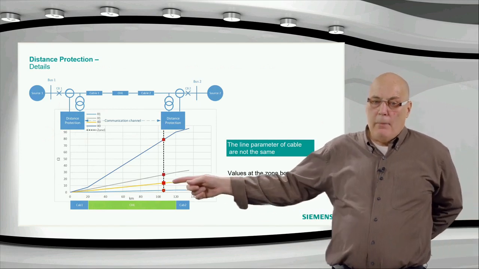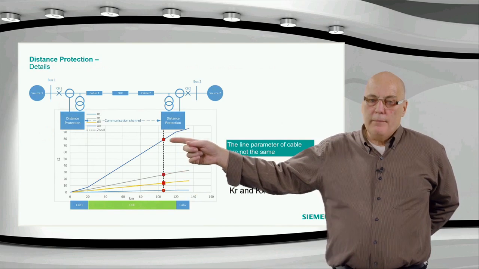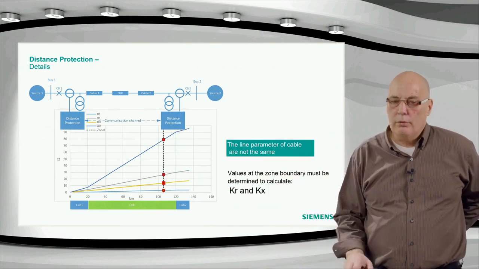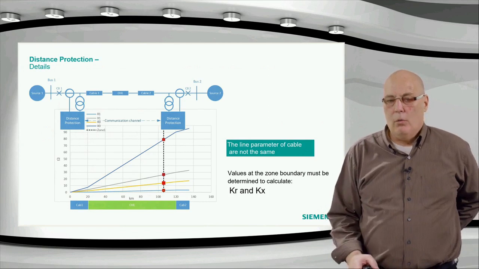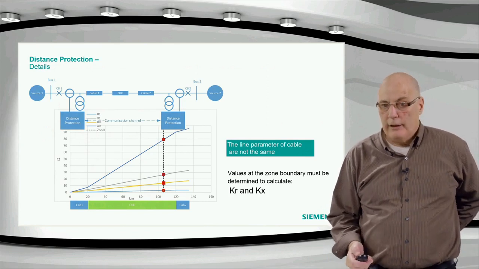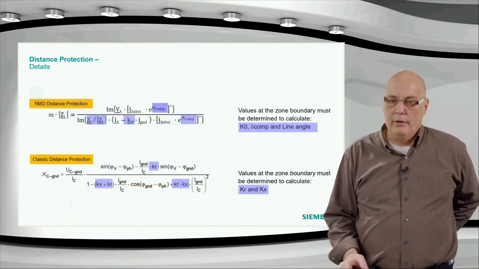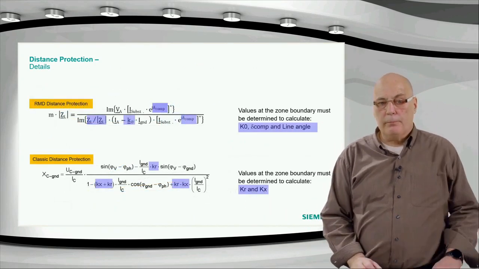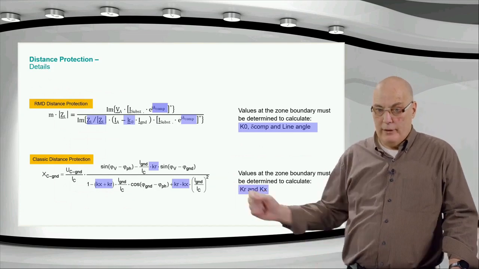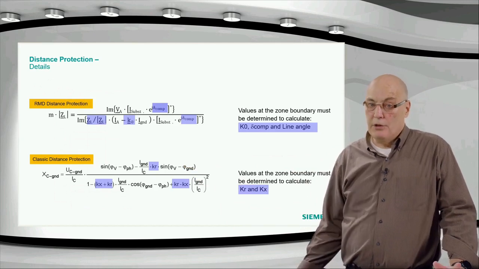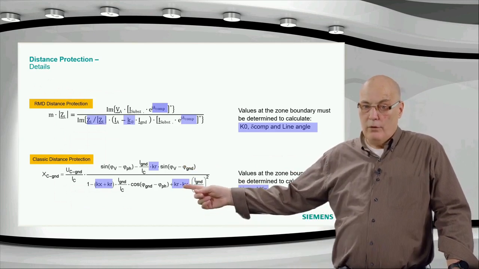Then at that boundary, you would look at what is the effective value of the R0 and X0 and the R1, X1, etc. at that location, because with those you would calculate the KR and KX. And I think we have here an example. Why is that important? Because if you have a classic relay down here, you can see in the calculation of the reach, the X reach, which is the critical one, you have got the factors KR, KX.